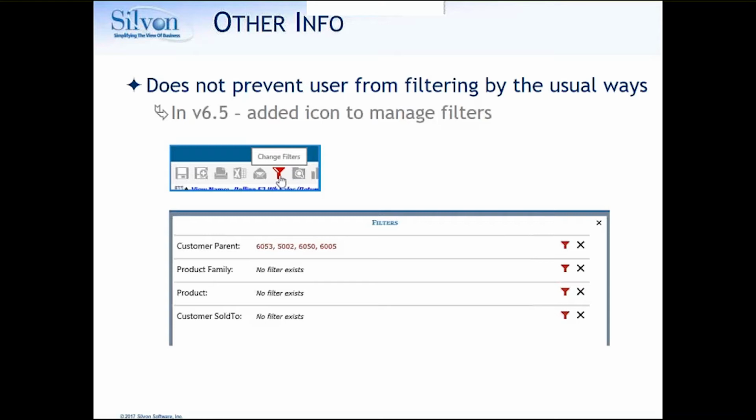I can go in and change the filters, for example. I can resort it, I can drill. Okay, parameter prompting is just a way to start the initial running of the view. Okay. And again, with version 6.5, we added the change filter icon up at the top to make that filtering selection a little bit easier.